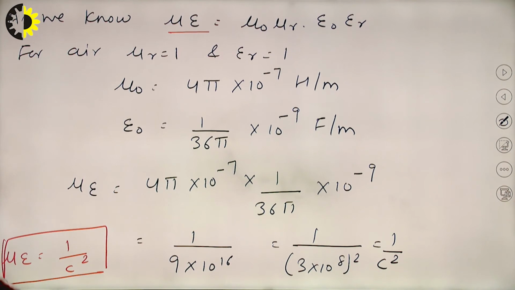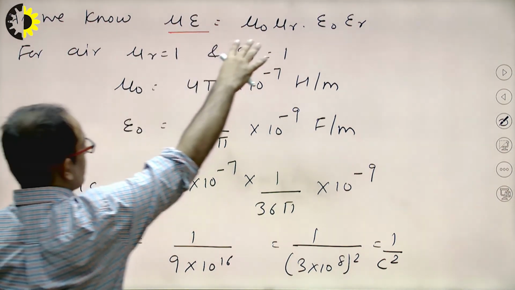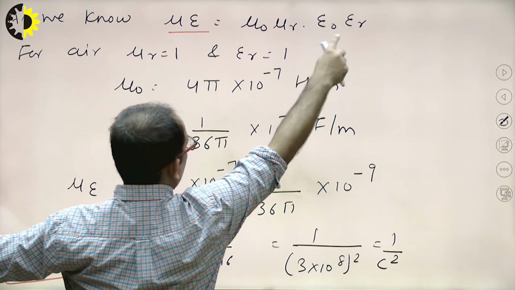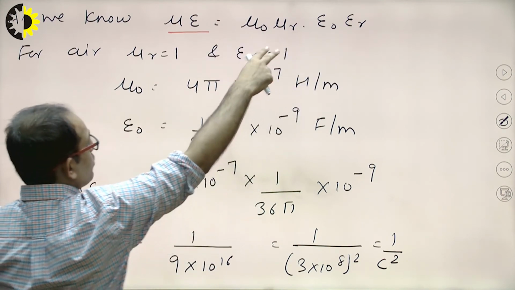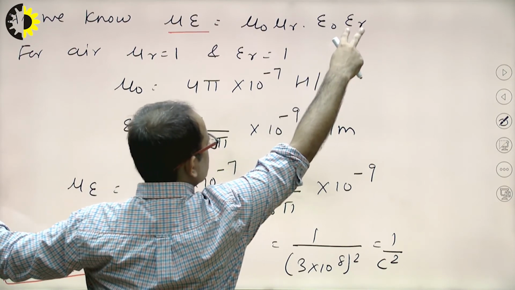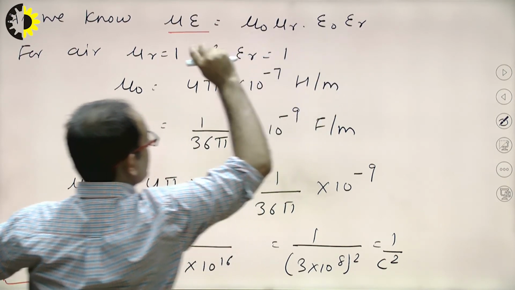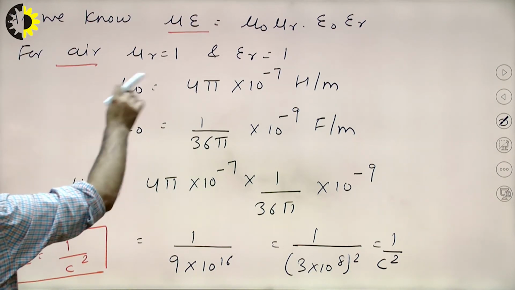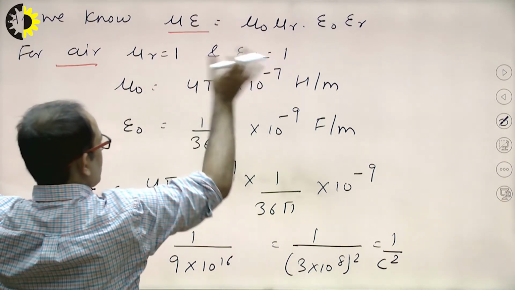Now as we know, mu epsilon is equal to mu naught mu r times epsilon naught epsilon r. Mu r is the relative permeability and epsilon r is the relative permittivity. For the case of air, mu r equals 1 and epsilon r equals 1.